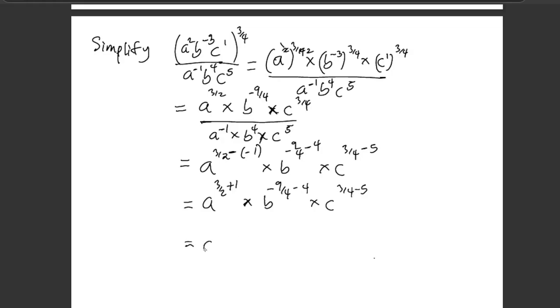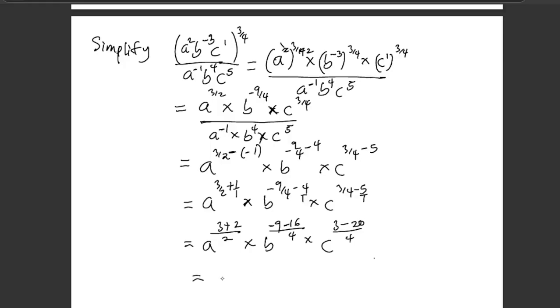So for a, the LCM is 2: 2 divided by 2 is 1 times 3 is 3, plus 2 divided by 1 is 2 times 1 is 2. For b, the LCM is 4: 4 divided by 4 times minus 9, and 4 divided by 1 is 4, and minus 4 gives minus 16. For c, the LCM of 4 and 1 is 4: 4 divided by 4 is 1 times 3 is 3, minus 4 divided by 1 is 4 times 5, minus 20.